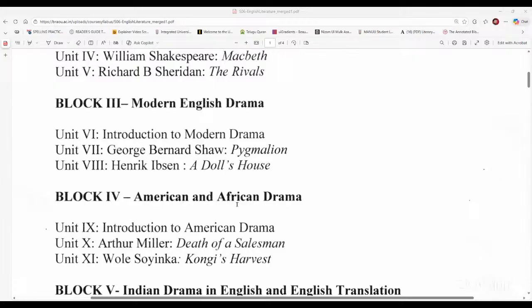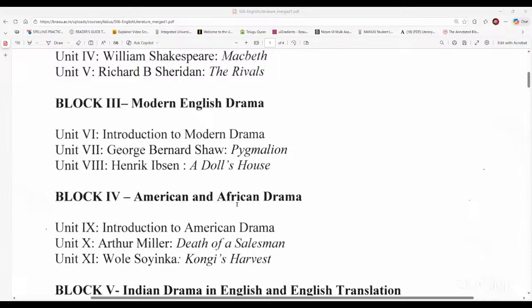Now from block 4, you will see that other nationalities' literature, especially drama, is introduced. So that is why we have American and African drama in block 4. So within this block, again, we have 3 units.